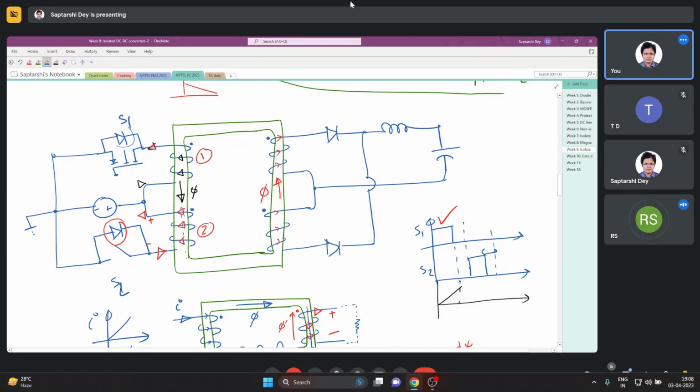Then this diode is not forward biased. Diode not forward biased means the reset current cannot flow, so the flux cannot reduce. But the flux is trying to reduce, so that voltage will keep increasing until this diode is forward biased.